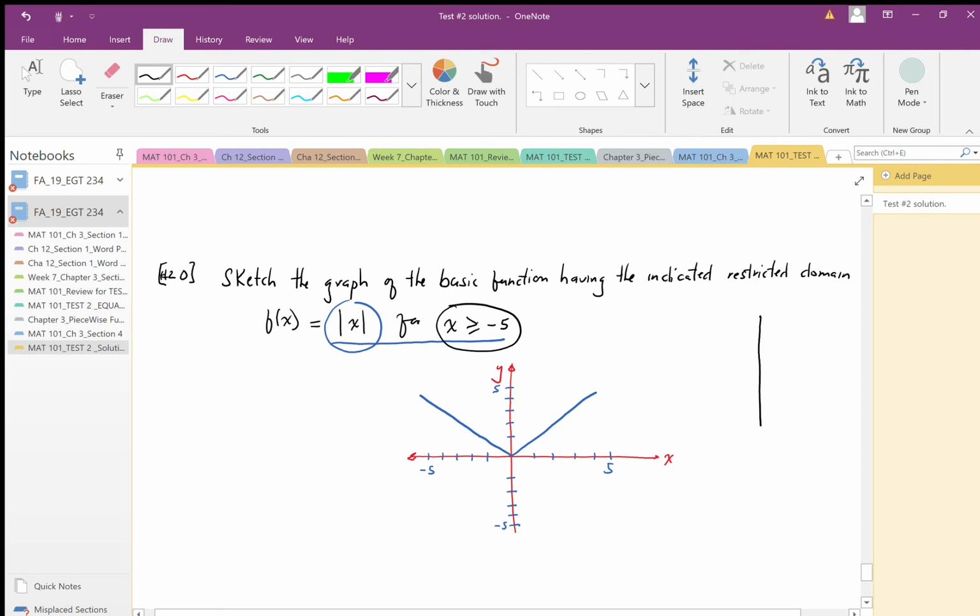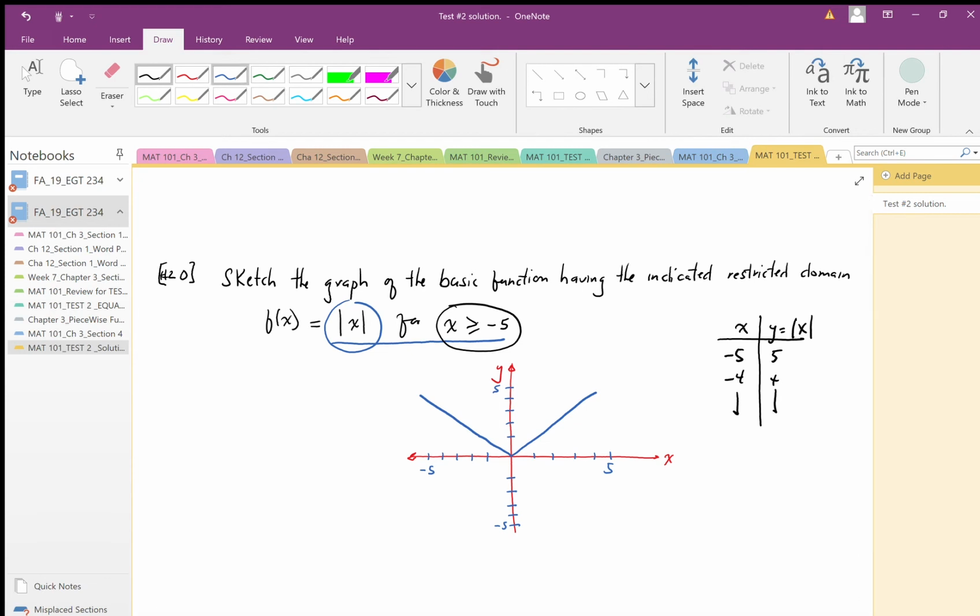So of course, what I just drew, you can do that here. Absolute value of x, but we have to start from -5. Include that in our point. -5, that gives us 5. -4, that gives us 4. And it goes on and on, okay? You kind of get the picture.